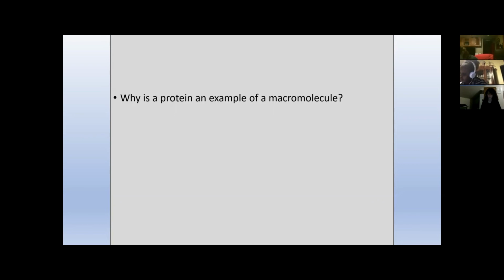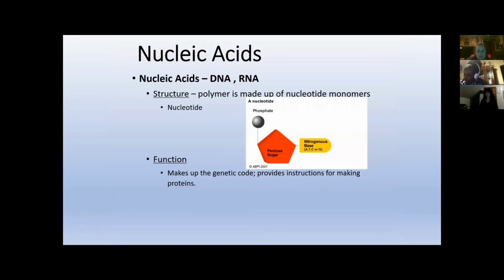Think about it almost like Legos. Your monosaccharides would be those little individual singular blocks, and your macromolecules would be a more complex block. And then your animal would be the thing you built in the end that was made out of all of those blocks.